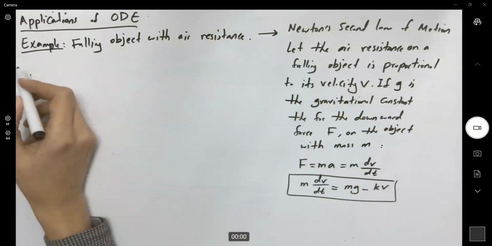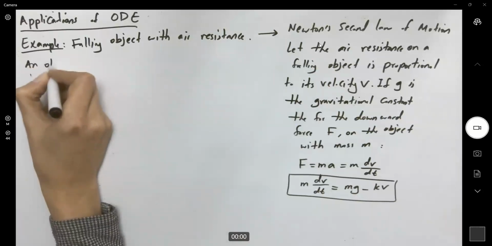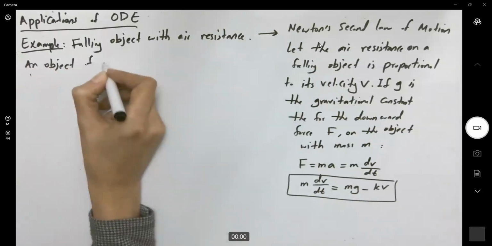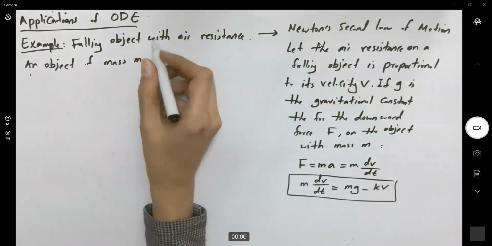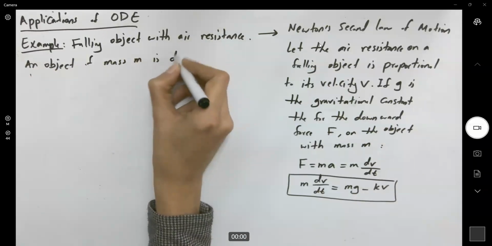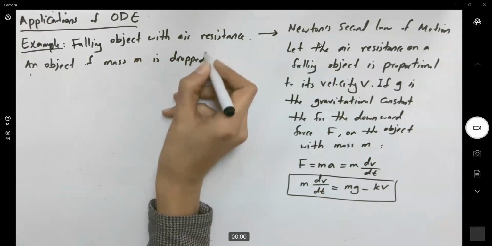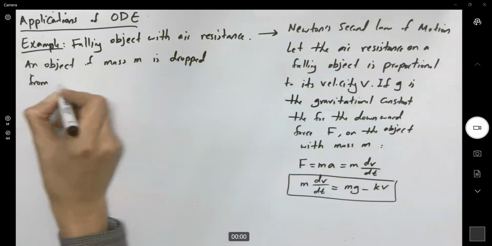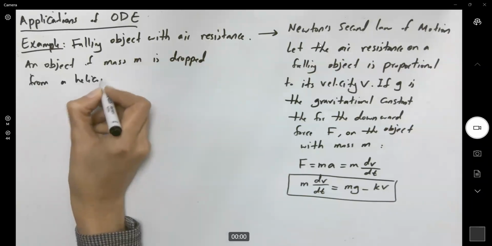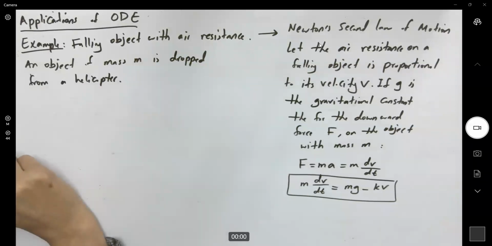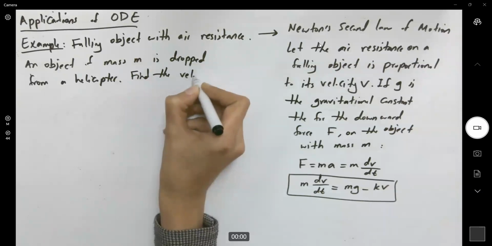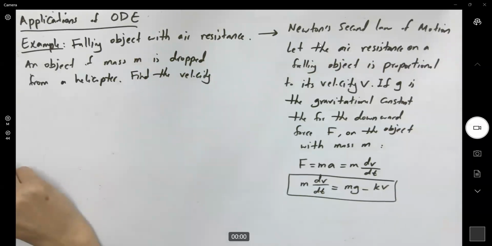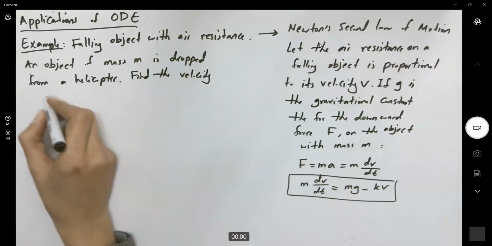Example says an object of mass m is dropped from a helicopter. Find the velocity as a function of time.